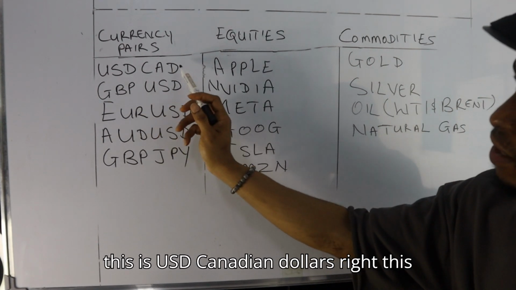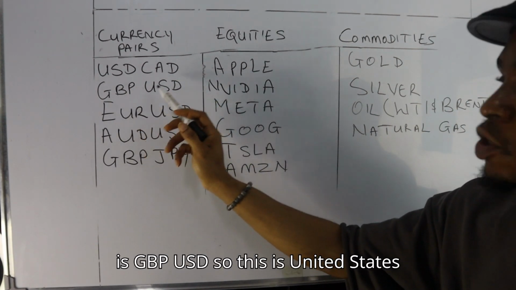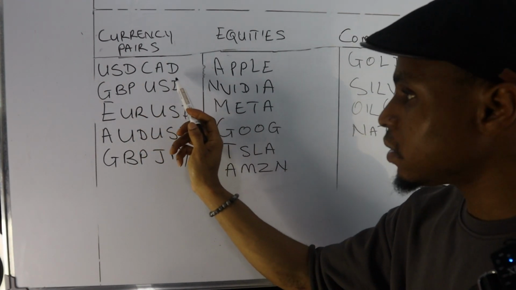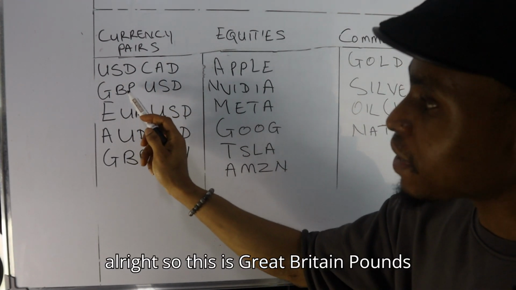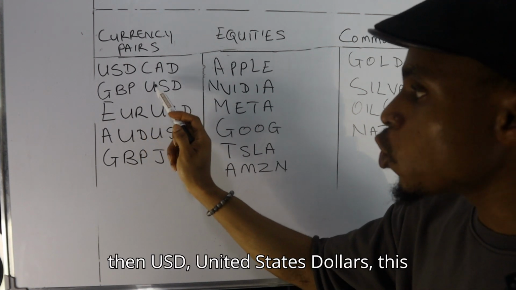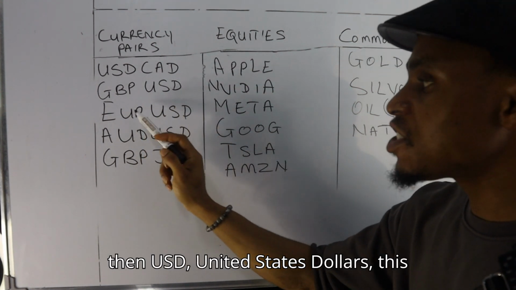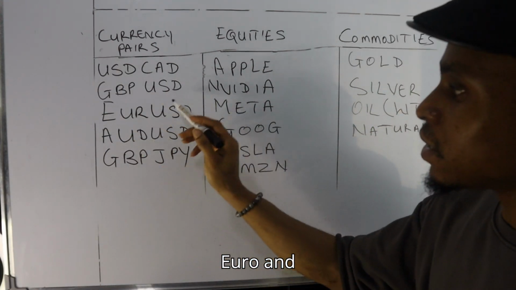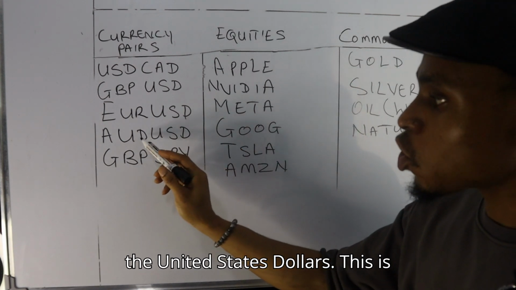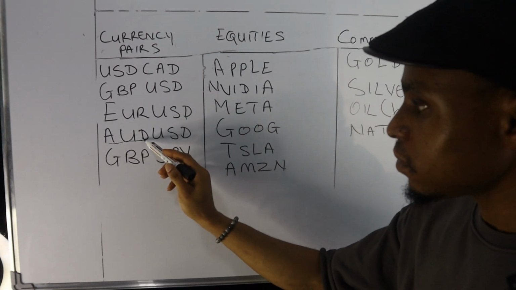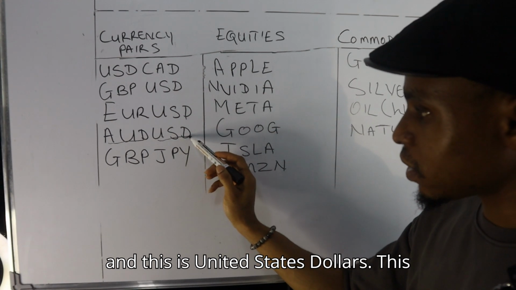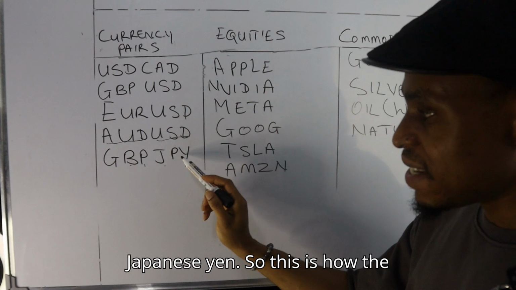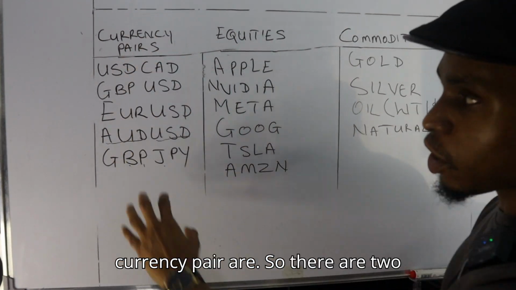This is GBP USD. So this is United States dollars and Canadian dollars. This is Great Britain pounds and United States dollars. This is the euro and the United States dollars. This is the Australian dollar and the United States dollars. This is Great Britain pounds and Japanese yen. So this is how currency pairs are.